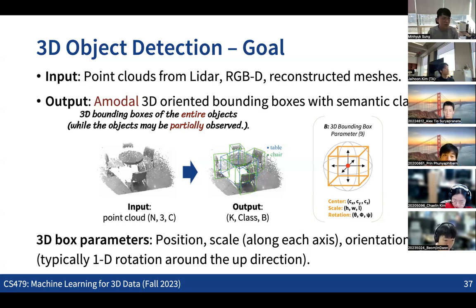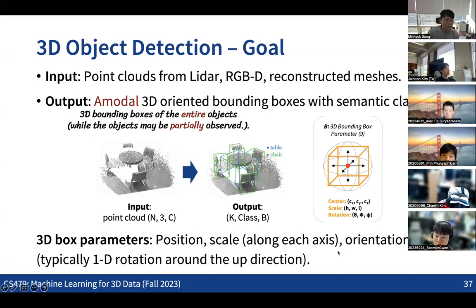So the input point cloud can have partial, missing information. But given the partial information, our goal is to get bounding boxes not only for the partial observation of each object, but for the entire objects, assuming the missing areas will be filled with complete objects. That's what we want to do.